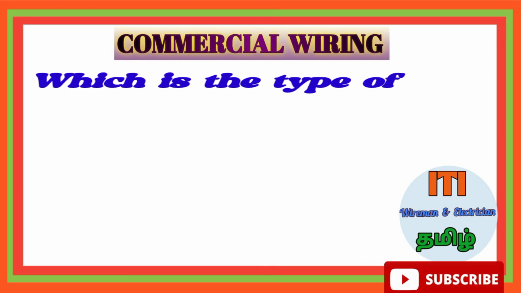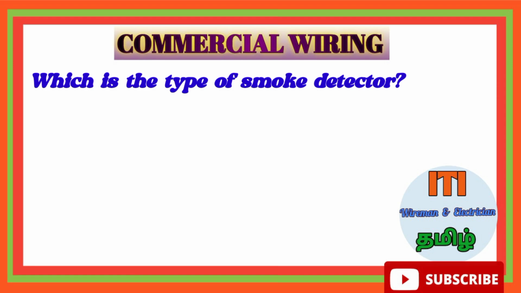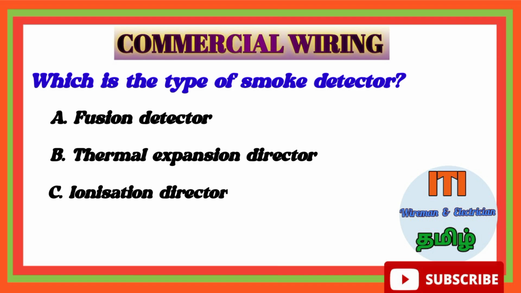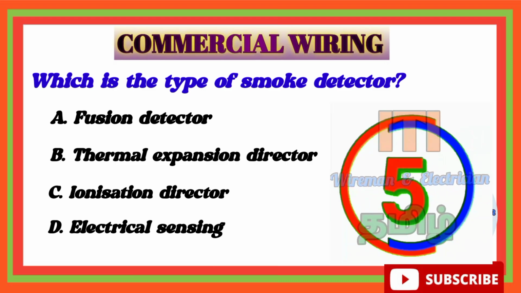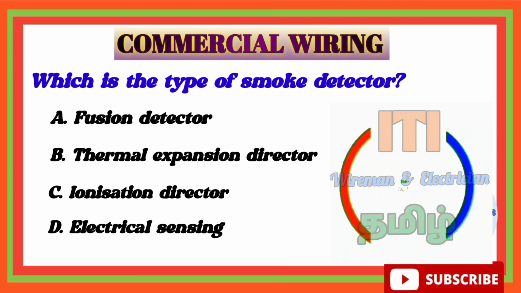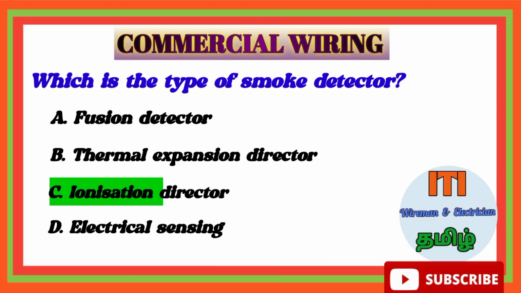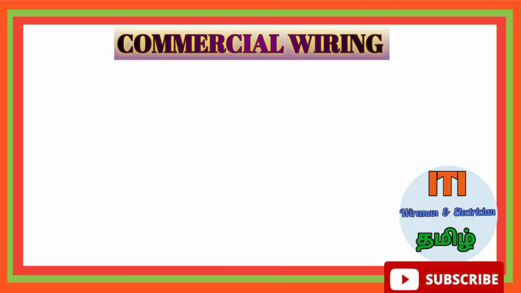Which is the type of smoke detector? Option A, fusion detector. Option B, thermal expansion detector. Option C, ionization detector. Option D, electrical sensing. Answer: option C, ionization detector.